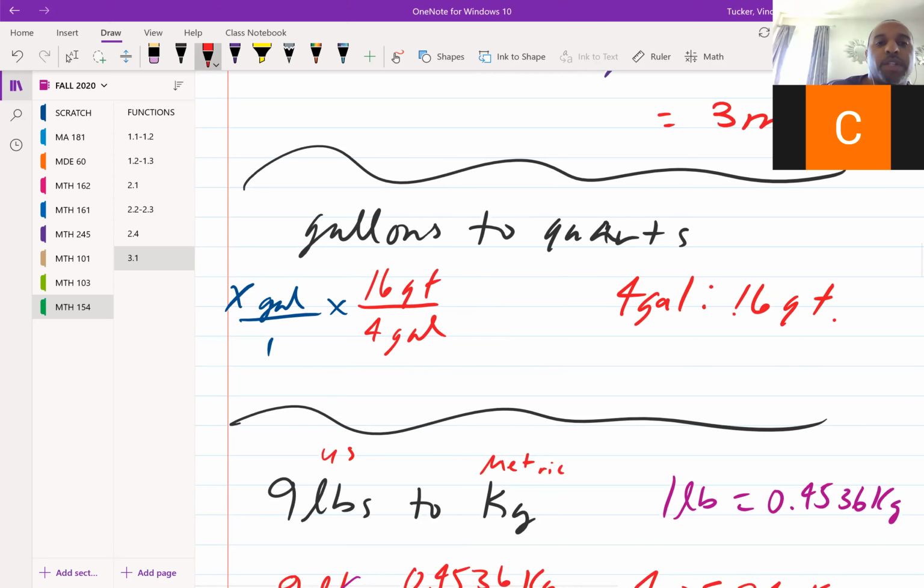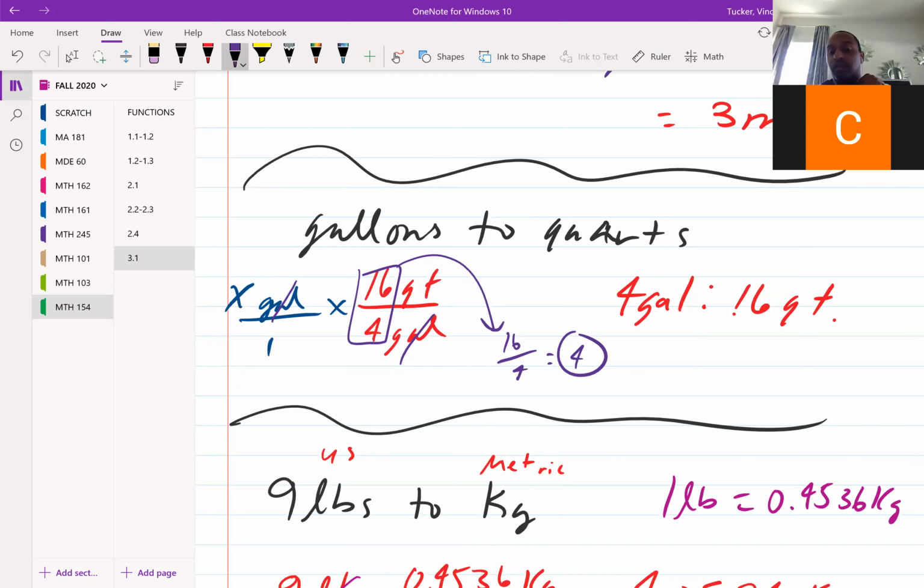Because remember, what we want is for our gallons to cancel out. So what I would multiply by is 16 over 4, which is 4. Questions on what they're asking you right there?